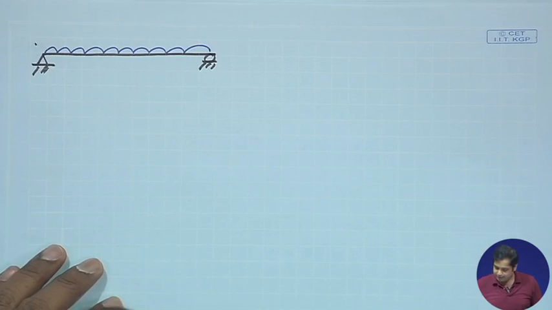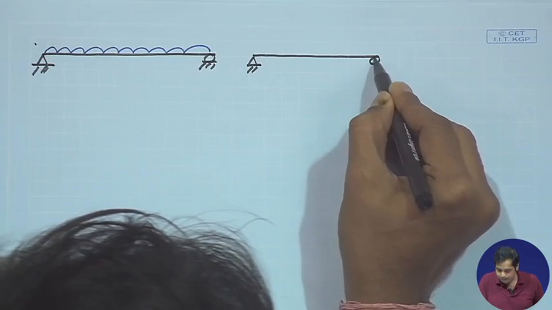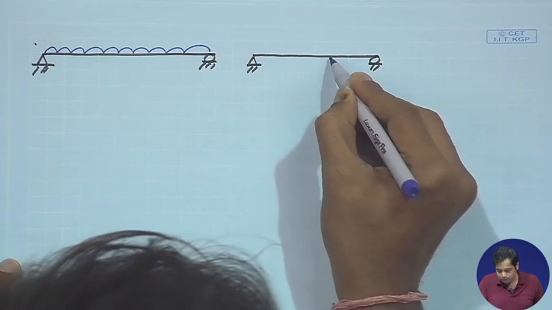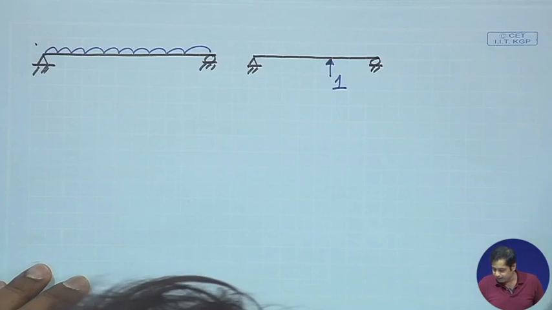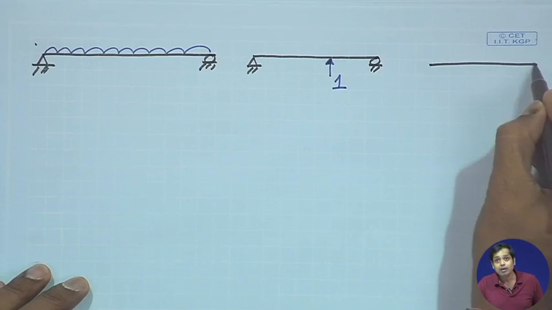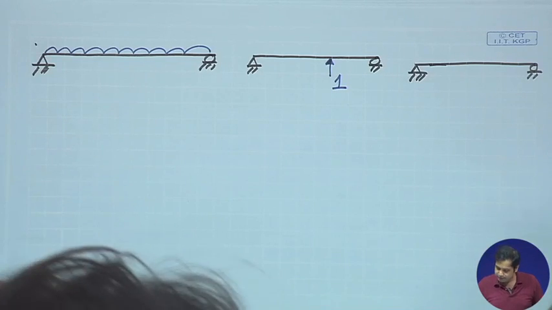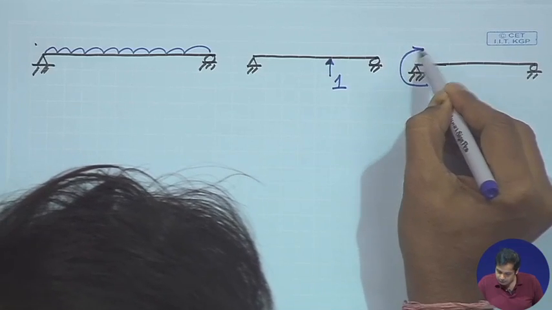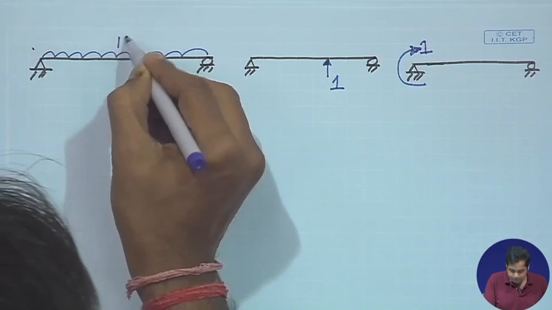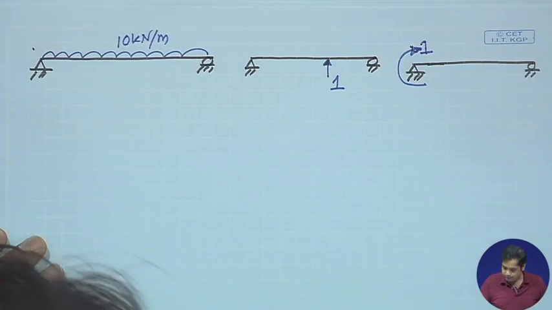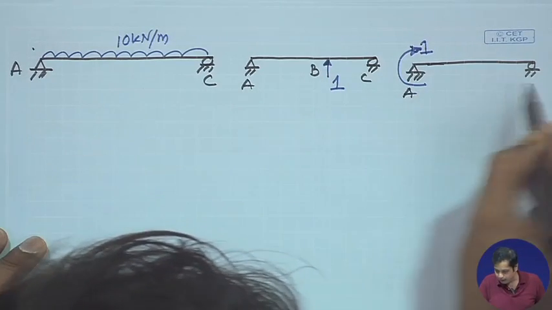Then the second primary structure which is subjected to unit load, and then the third primary structure which is subjected to unit moment. Okay. This is 10 meter. This is A, B, C.